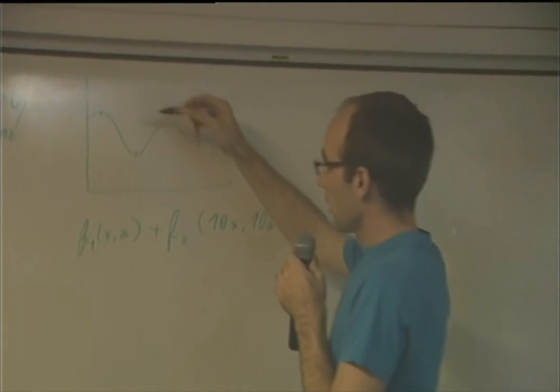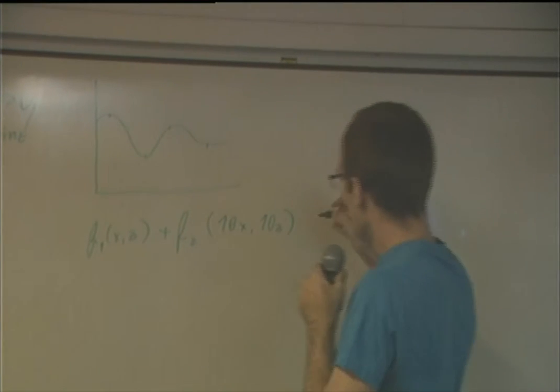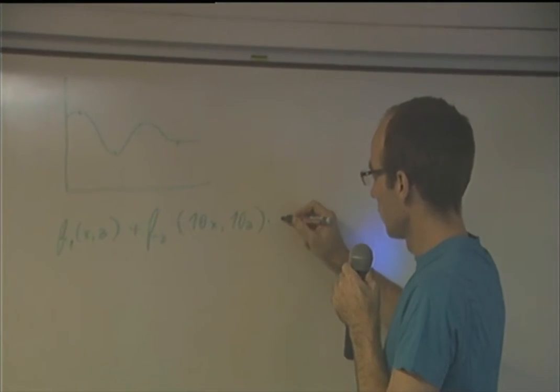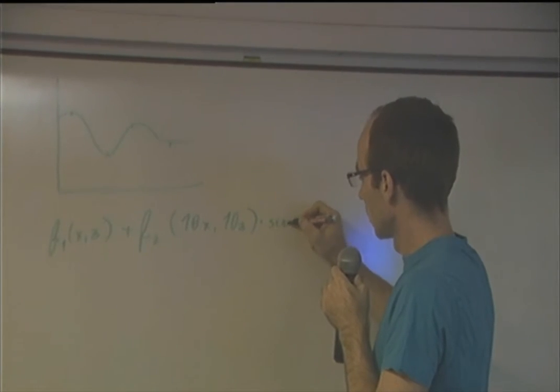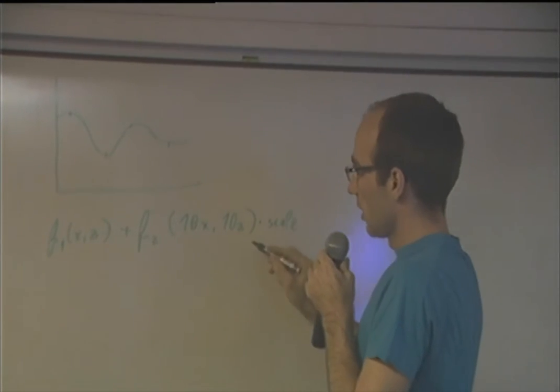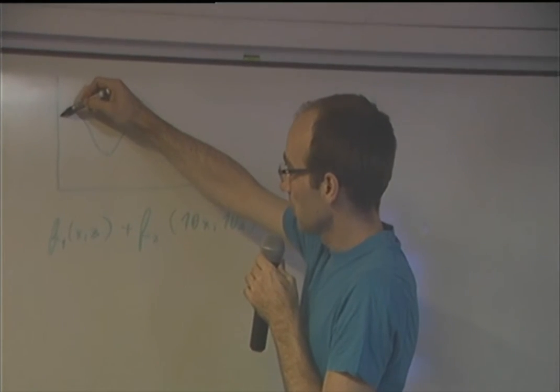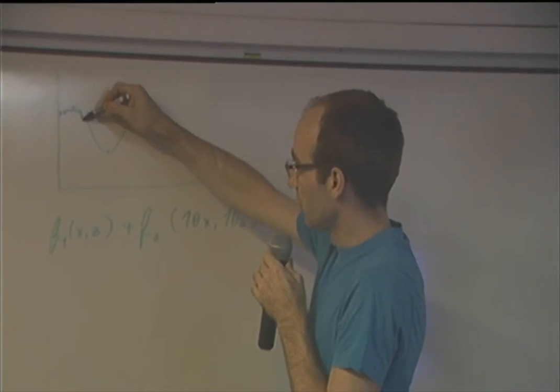What this does, also we multiply this by a scale factor. What this does is actually it takes this curve and adds a little wiggle to the curve.